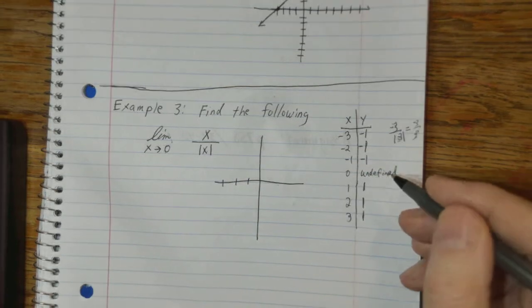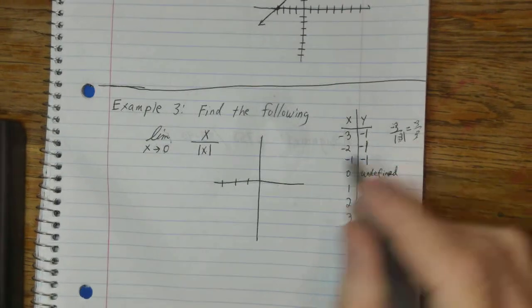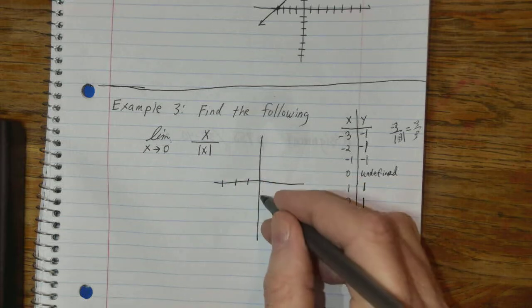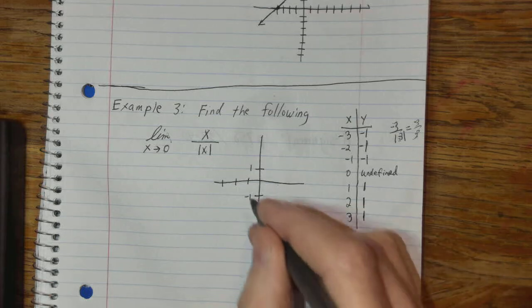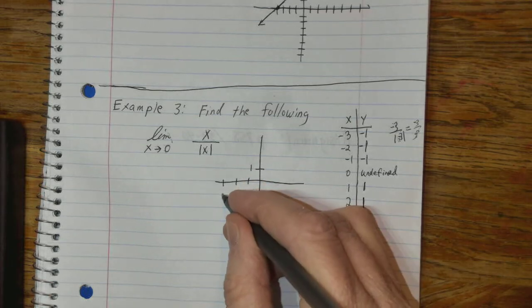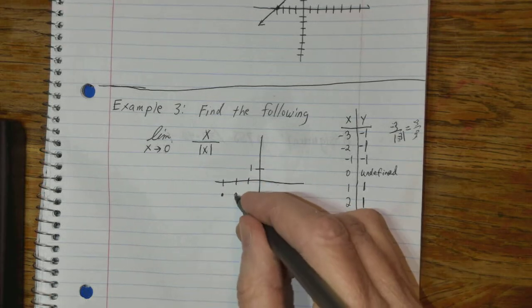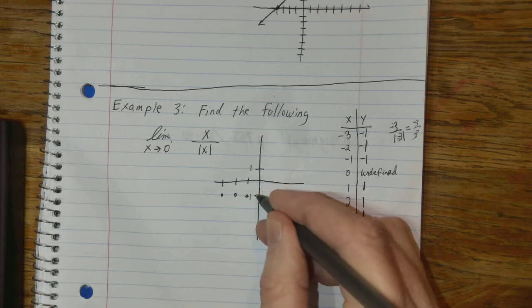Let me just put up here -3. Let's make this -1 and this +1. -3, -1 is here, -2, -1 is here, -1, -1 is here.